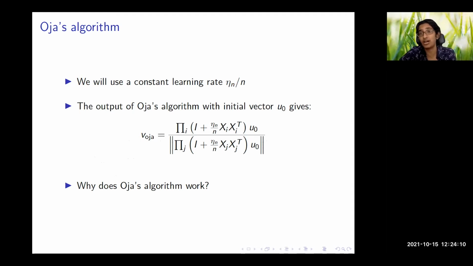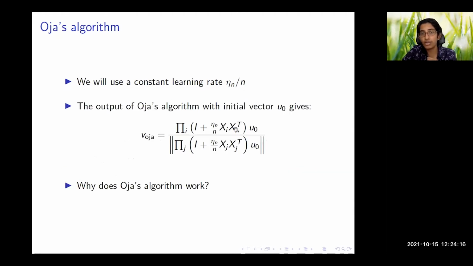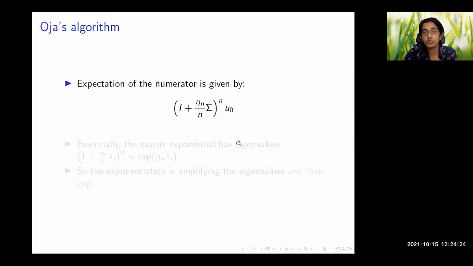On an average, what's happening there? Because it's a product of independent things, the expectation just goes into each part, right? And an expectation of xi transpose is sigma. So what you will see is some sort of a matrix exponent like this, times u0.